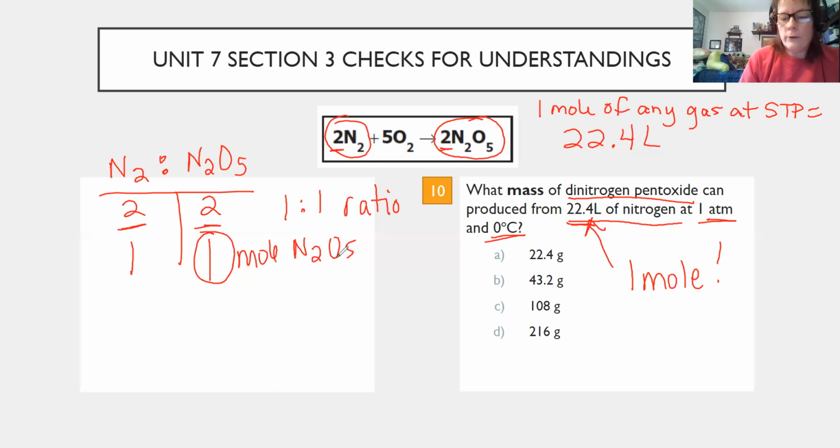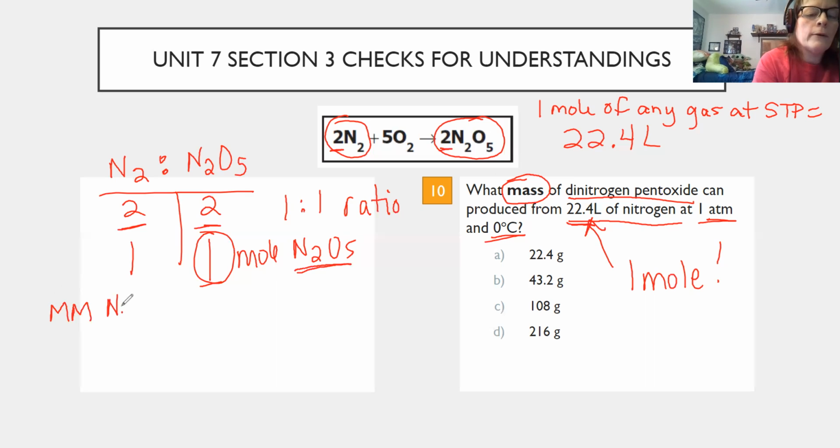Now in this one, they throw a little curveball. It's not asking you for the volume, it's asking you for the mass. So you have to figure out how many grams are in 1 mole, which is the molar mass of dinitrogen pentoxide. Nitrogen has a 14 on the periodic table, and there are 2 of those, so that's 28 grams.